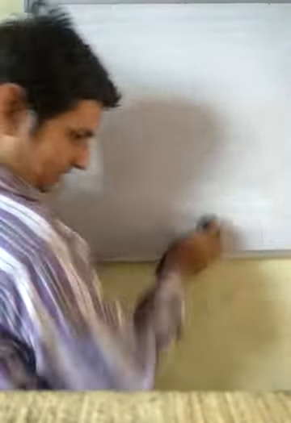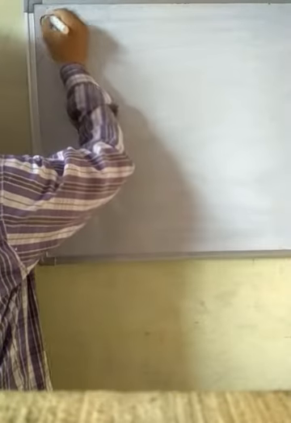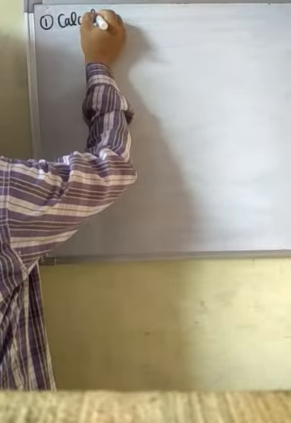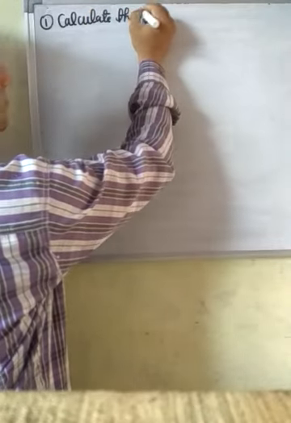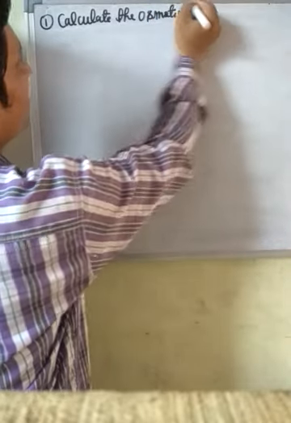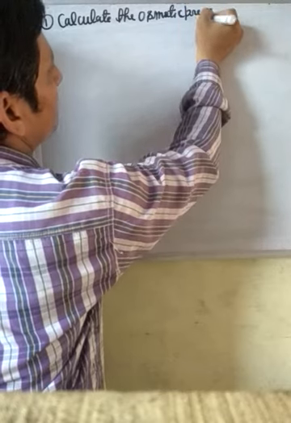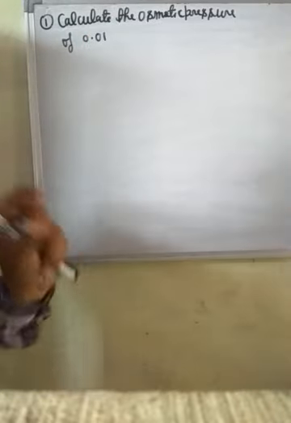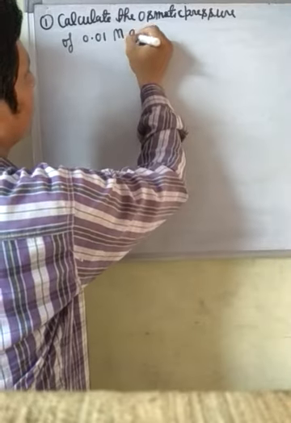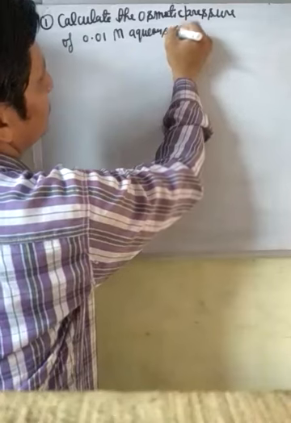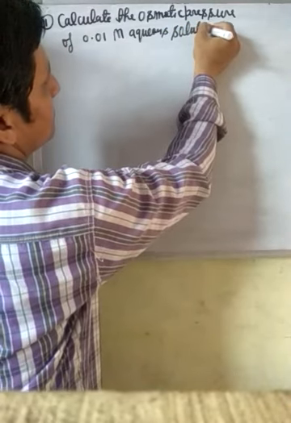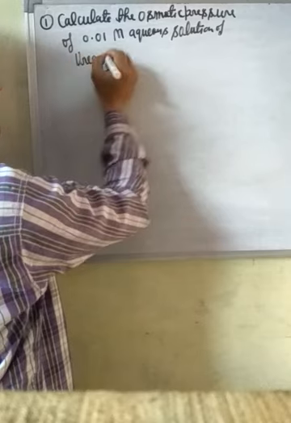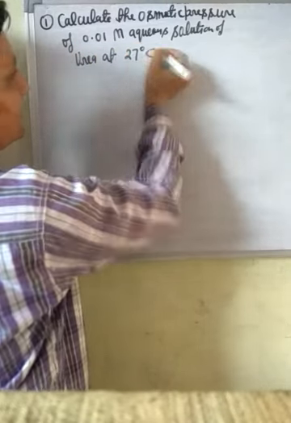Question: calculate the osmotic pressure of 0.01 m aqueous solution of urea at 27 degrees Celsius.